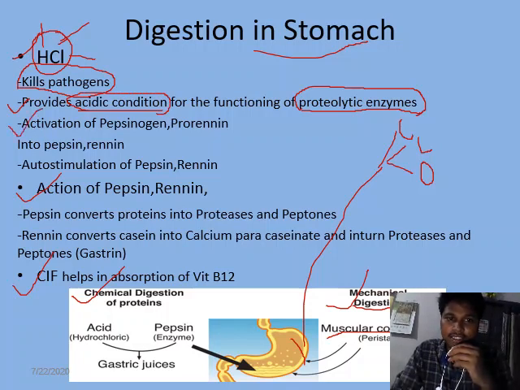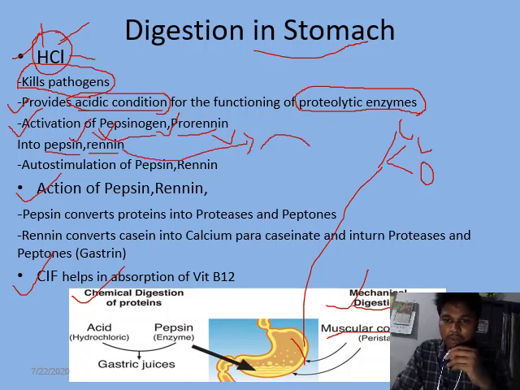HCl activates the pepsinogen and prorenin. This pepsinogen and prorenin are inactive forms. They are converted into pepsin and renin, which are active forms. Pepsin and renin act upon the proteins and they will convert them into simple substances. So auto stimulation is done by pepsin and renin.